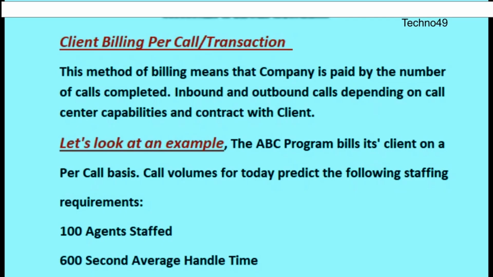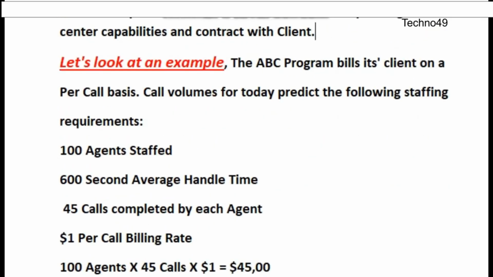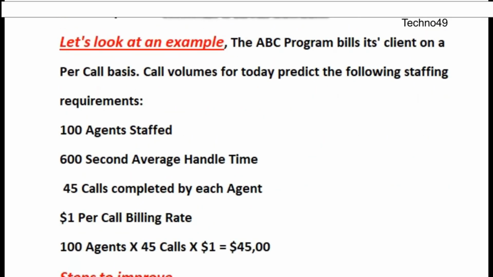So now with the help of an example, we will try to understand. The ABC program bills its client on a pay per call basis. Call volume for today predict. Suppose we have 100 agents staffed and 600 seconds average handle time. 45 calls completed by each agent, and for one call the client is paying $1.